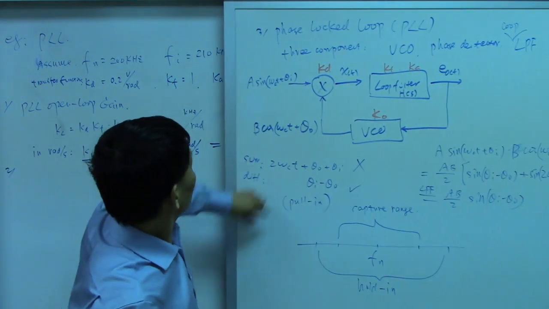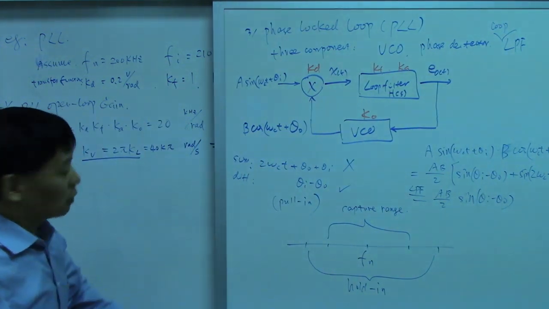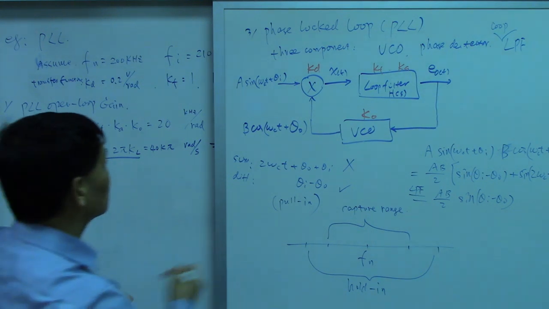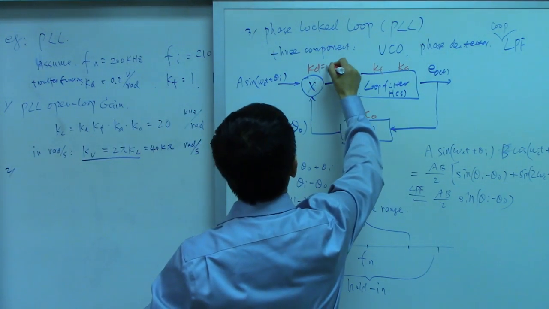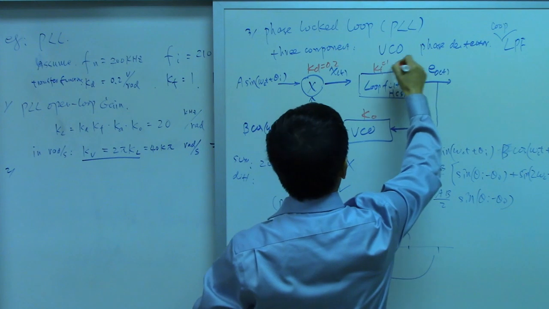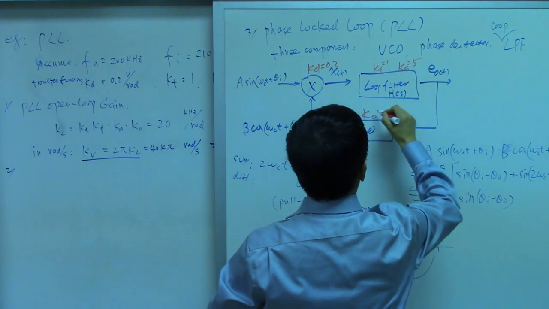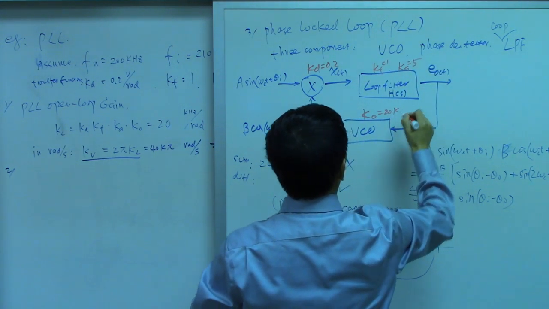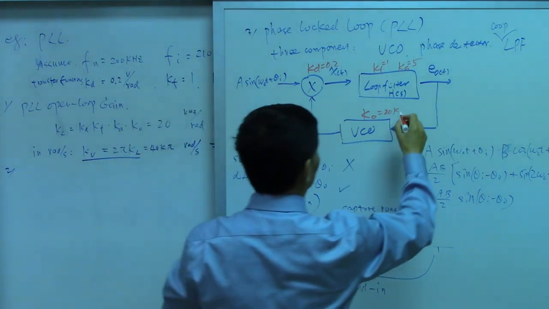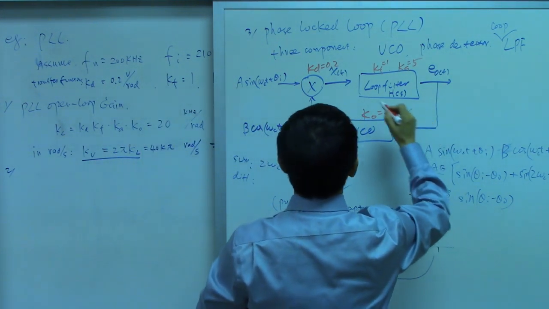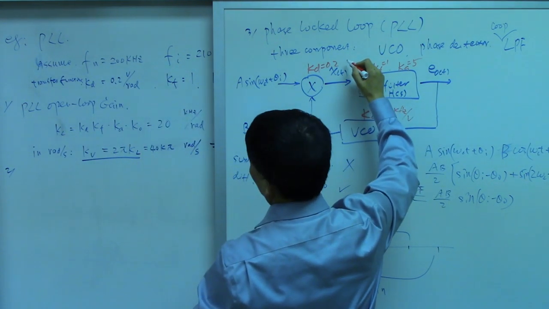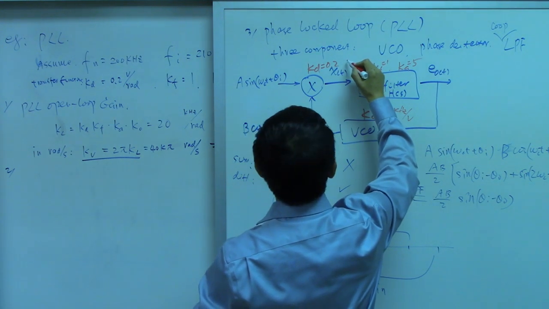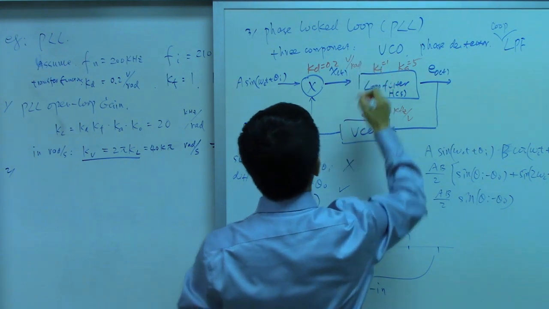We know KD equals 0.2, and this one equals 1, this one equals 5, and this one equals 20K hertz per volt, which is volt per radian.